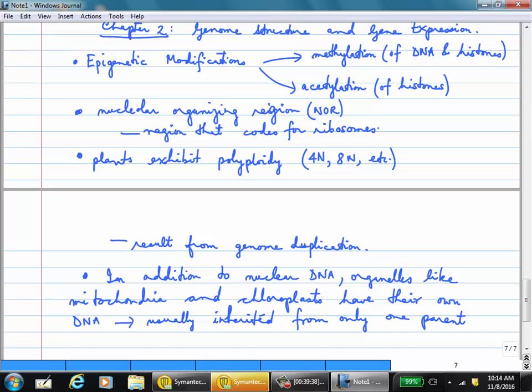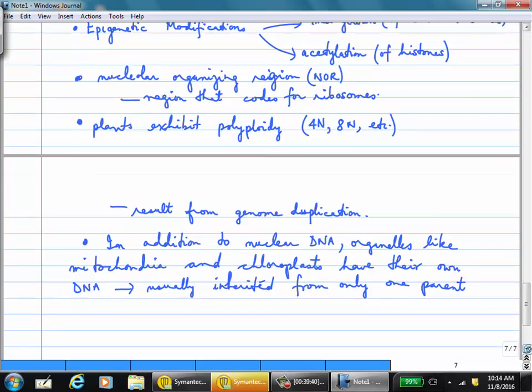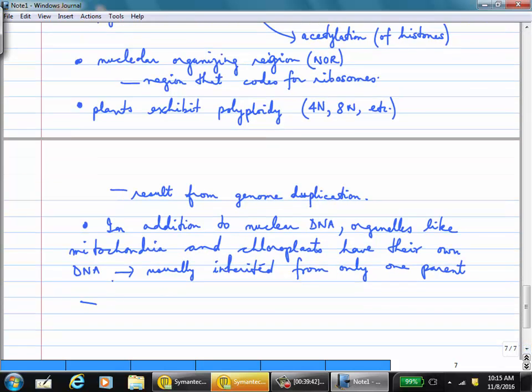So the important thing to note is that organellar genetics, that means the genetics associated with organelles like mitochondria and chloroplasts, don't obey Mendelian laws.